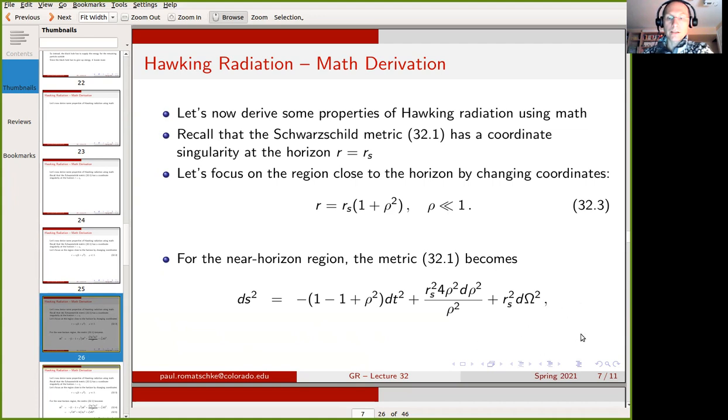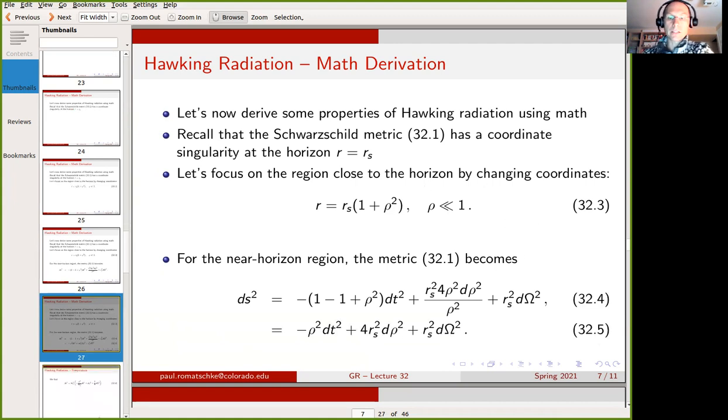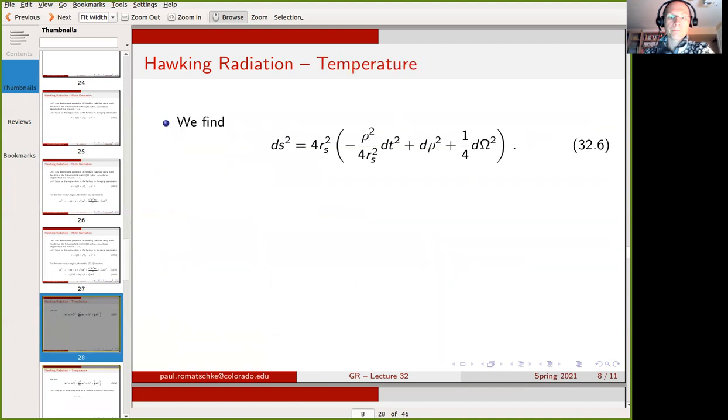And the angular part, where we had an r squared, just becomes r_s squared, because we assume that we're very close to the horizon. If we cancel all the terms that cancel, we find a simple form for the metric very close to the horizon. If I pull out the 4 r_s squared, then this is the metric very close to the horizon.